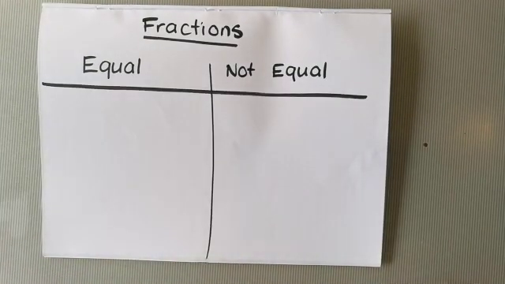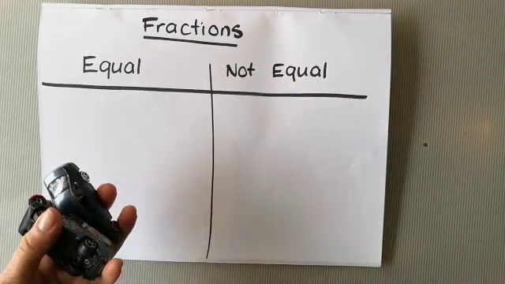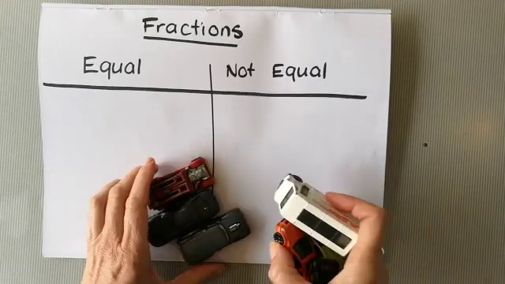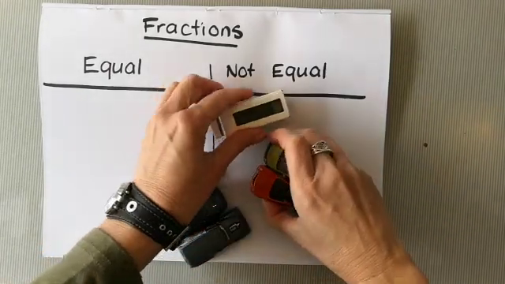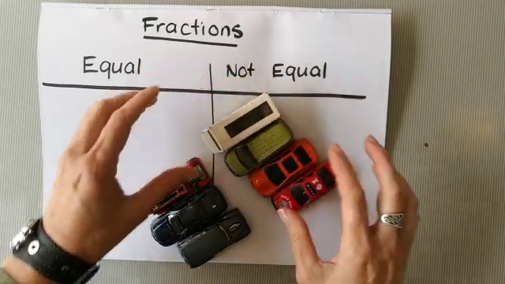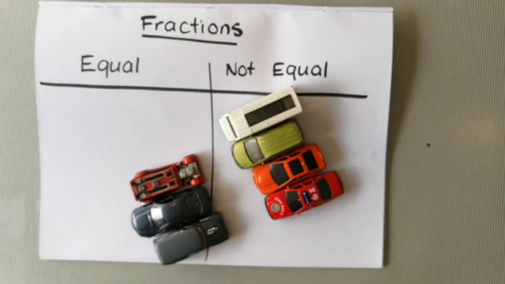Now, like I said, we can look at whole objects and splitting them so that they're equal, but we can also look at collections of items. So I've got my cars, and if I had a group there of 3 and a group there of 4, so I've split my collection into 2.